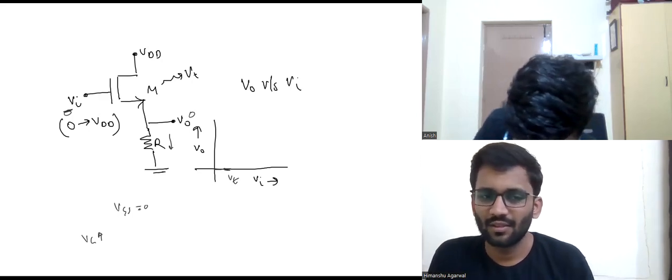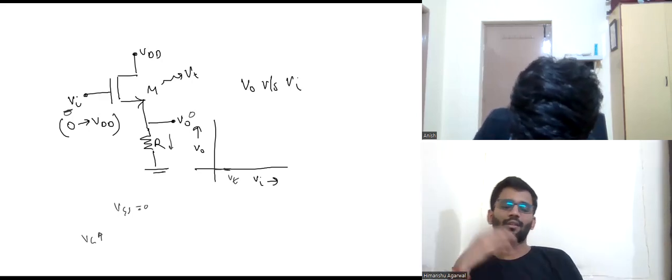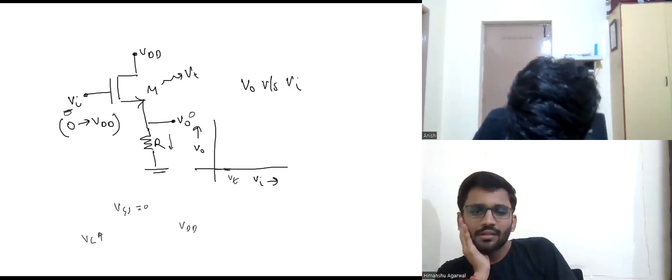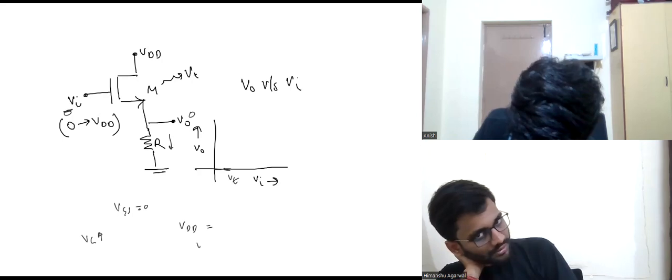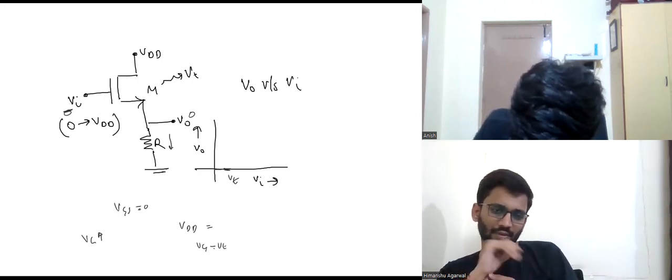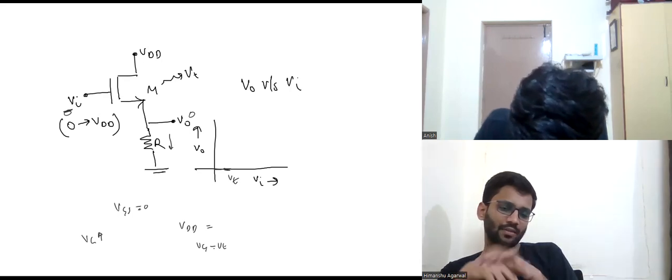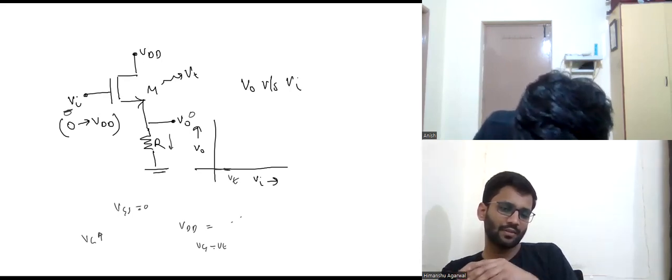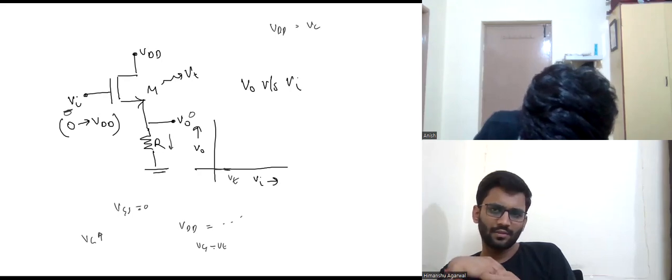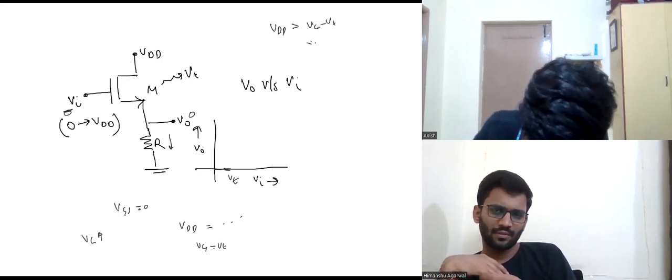Now first we have to check whether it is in saturation or triode. The drain voltage is at VDD, and the gate voltage is only at VT. We know for saturation VDD should be greater than VG minus VT, which is greater than 0.